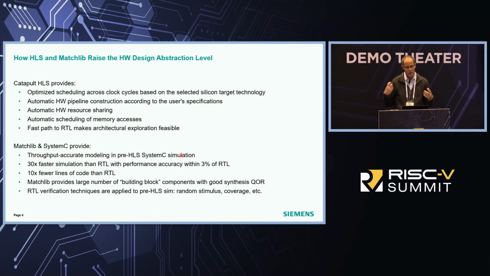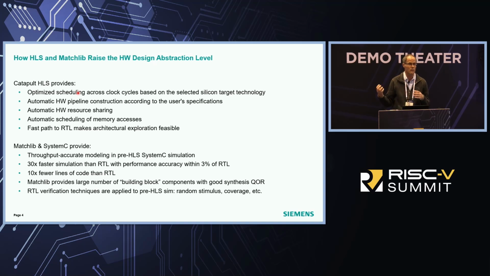So how do high-level synthesis and the library they developed, called Matchlib, help raise the hardware design abstraction level? The first thing is that high-level synthesis automates a lot of the tedious details that RTL designers would typically have to do. It optimizes the scheduling across clock cycles based on the selected silicon target technology. It automatically constructs the hardware pipeline according to the user's specification.